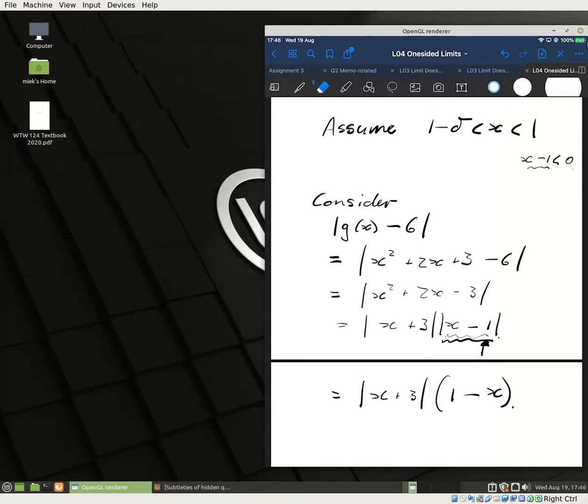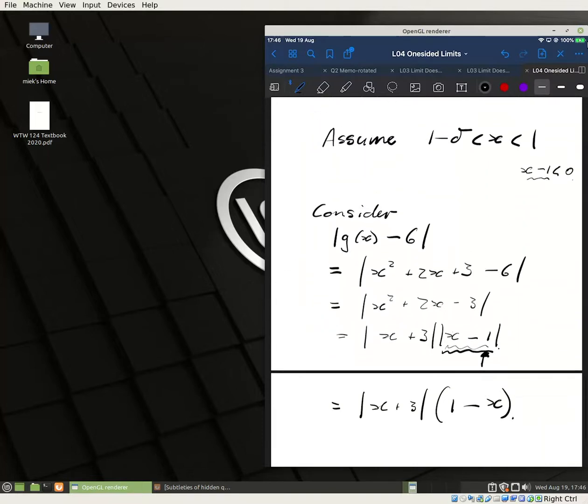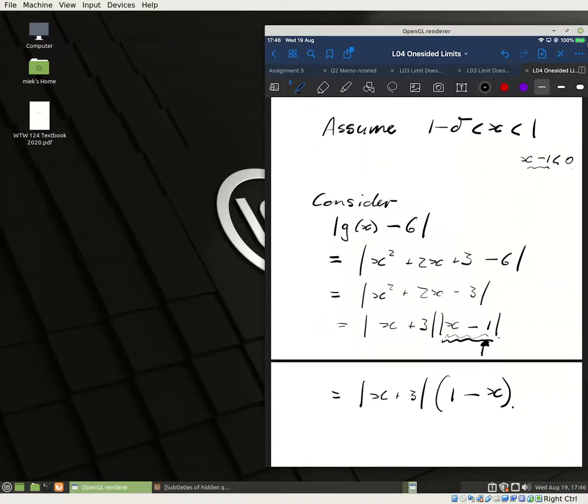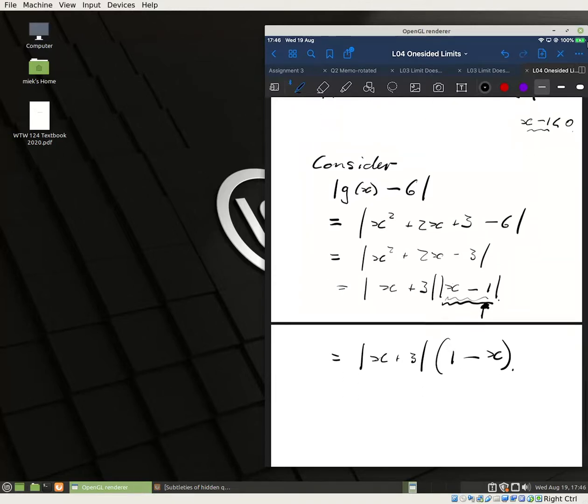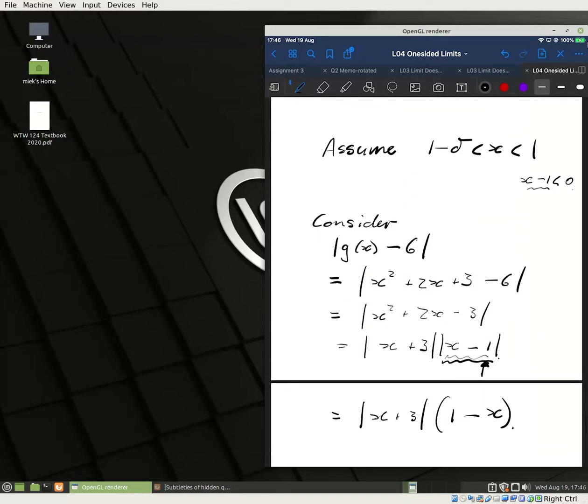Now, where else do we want to get this 1 minus x? If we take our x across, 1 minus x is less than delta, from our assumption.